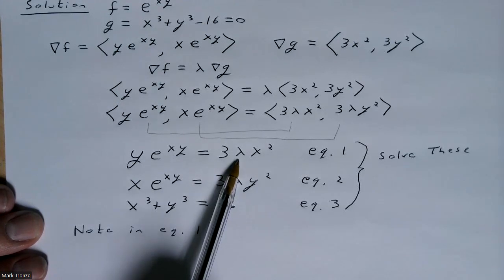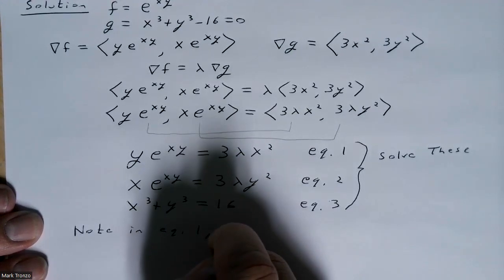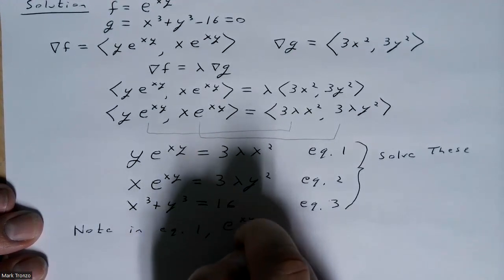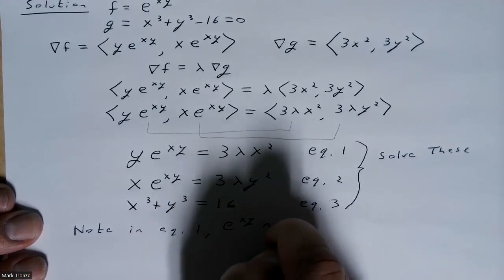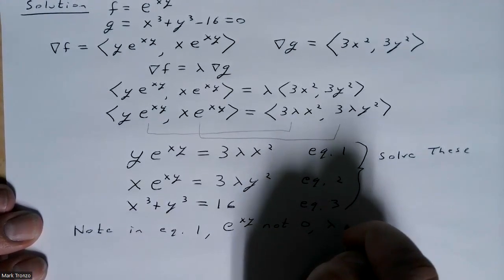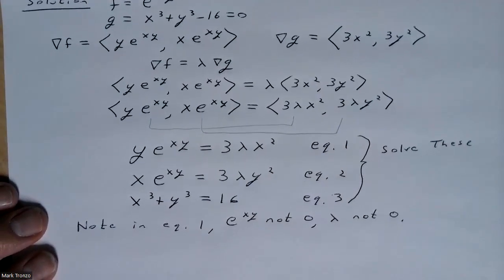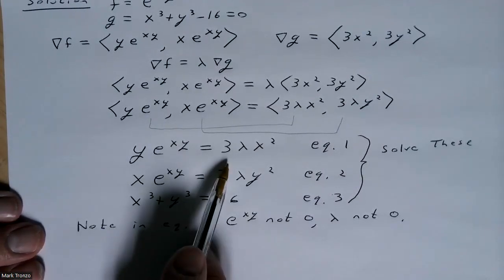And remember, lambda is always a non-zero constant. So e^(xy) is not 0, and lambda is not 0. And so neither of those can be 0.